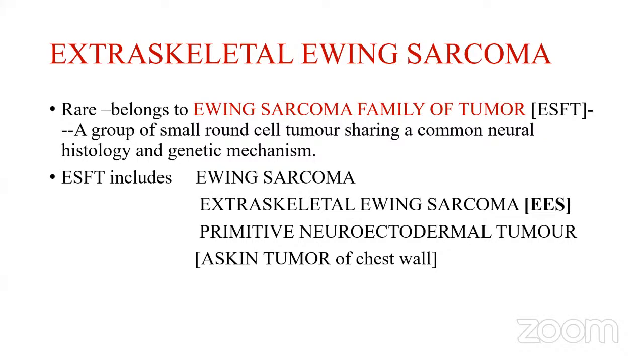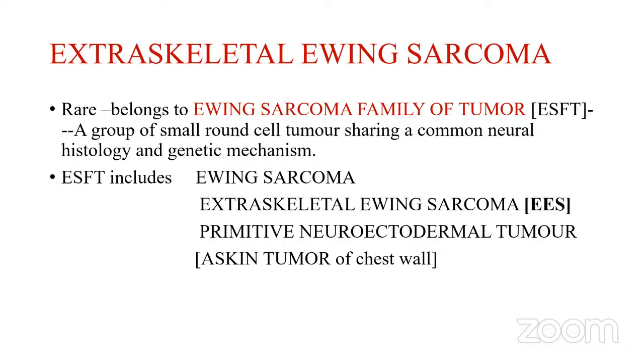Ewing sarcoma on imaging also shows some clues, because most Ewing sarcomas involve bone, so you can have rib or vertebral destruction, in this case mostly rib destruction. If it is an Ewing of the bone, there would be rib destruction. If it is an extraosseous Ewing, there will not be rib involvement. So there are subtle clues on imaging, better to say on CT scan, which will give you clues regarding the etiology.